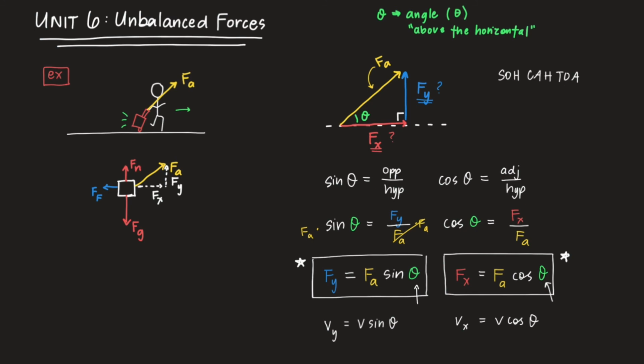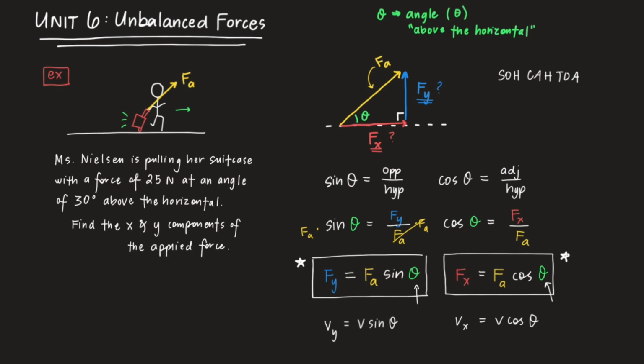So the last thing we're going to do here, just to put some things into context, is a little example problem. Let's say that Miss Nielsen is pulling her suitcase with a force of 25 newtons at an angle of 30 degrees above the horizontal. Find the x and y components of the applied force. So that's my applied force at an angle.